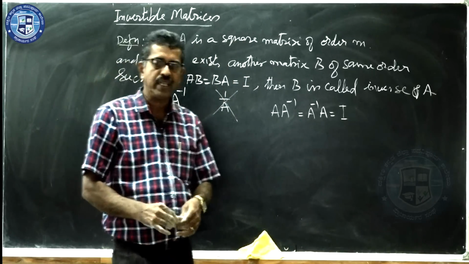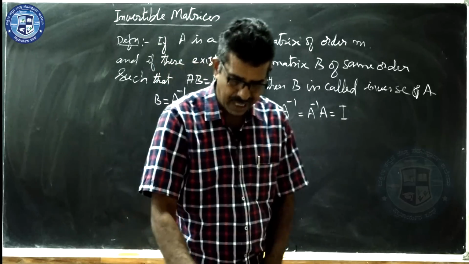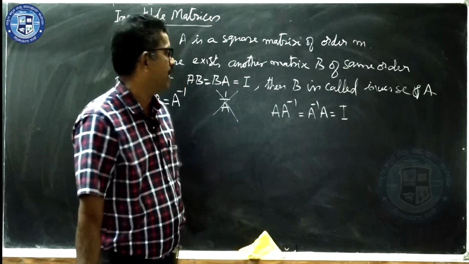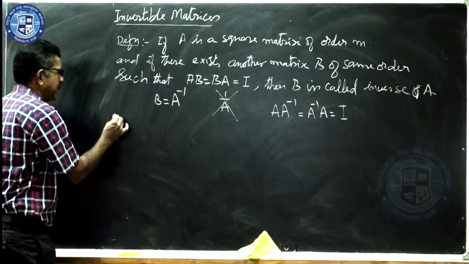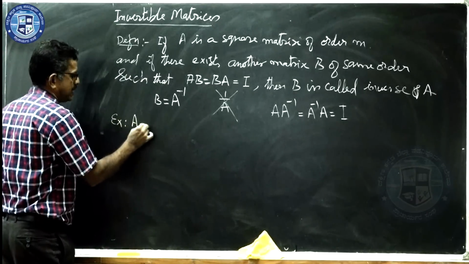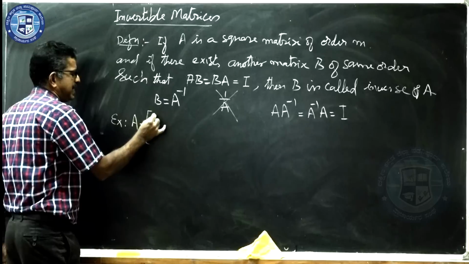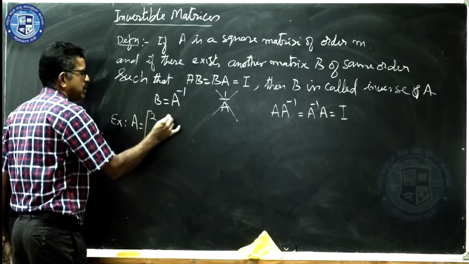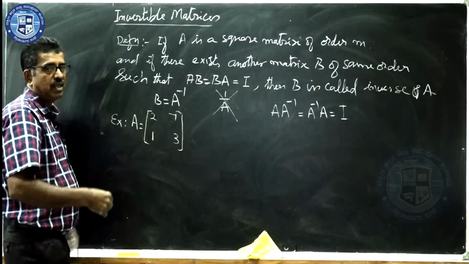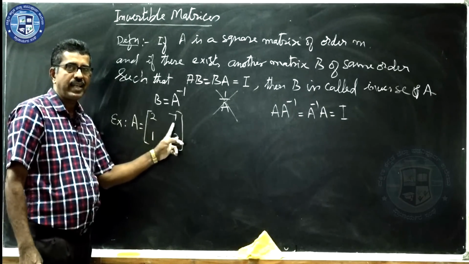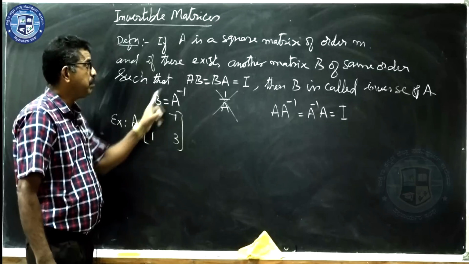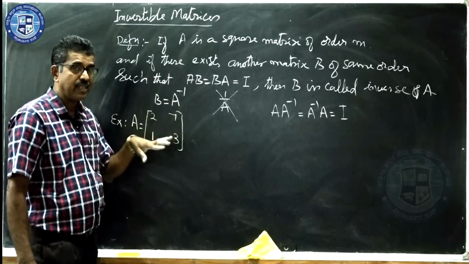Okay, to be familiar with this, I will give a few examples related to finding the inverse of a square matrix. Let me take a simple example. Let A be a matrix: 2, 7, 1, 3. What would be B, the other matrix?